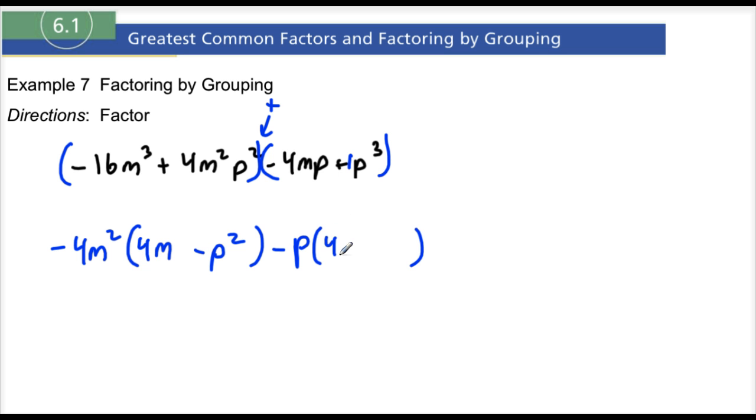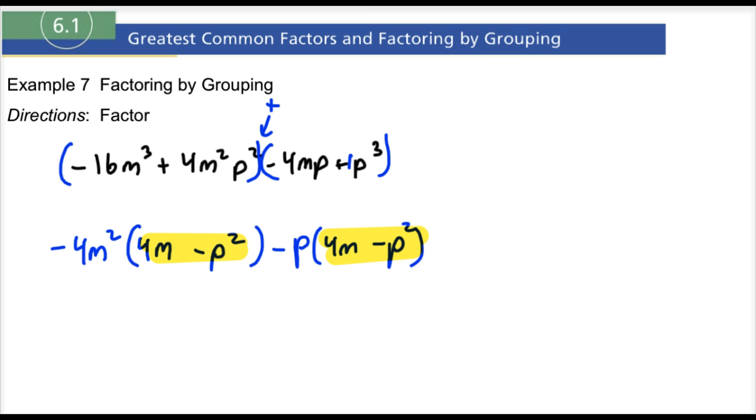Well, that's just going to be 4m. And this right here is going to be minus p squared. Negative p times a negative p squared is a positive p cubed. And notice once again that these guys are exactly the same. They have to be the same. If they're not, then we've done something incorrectly.